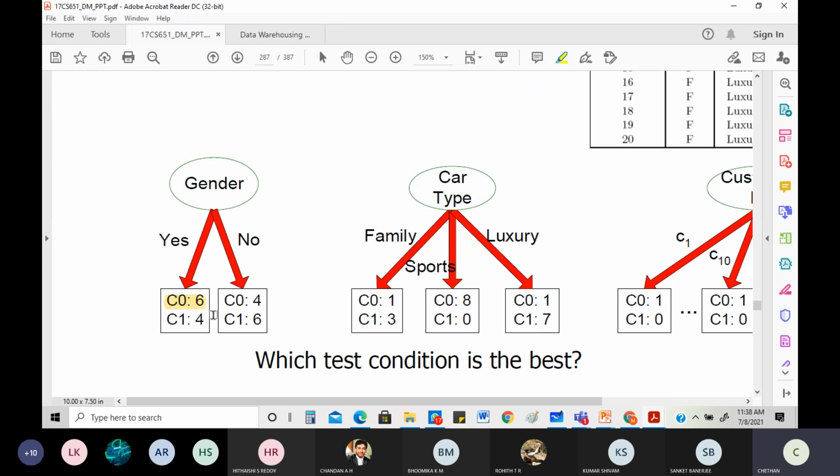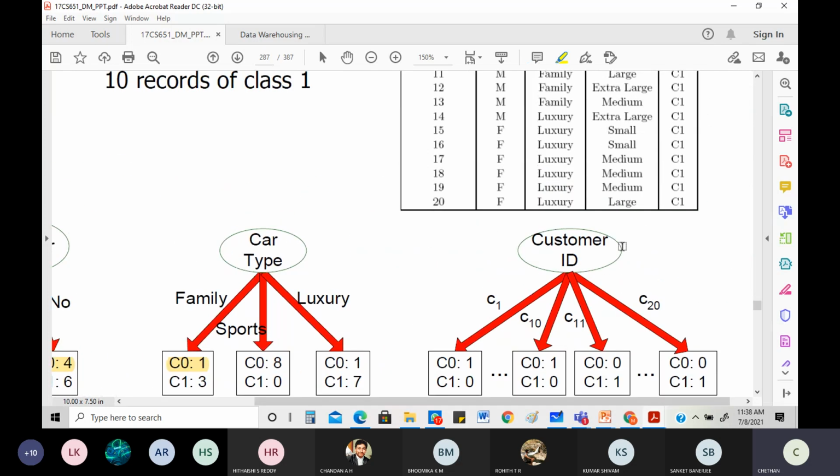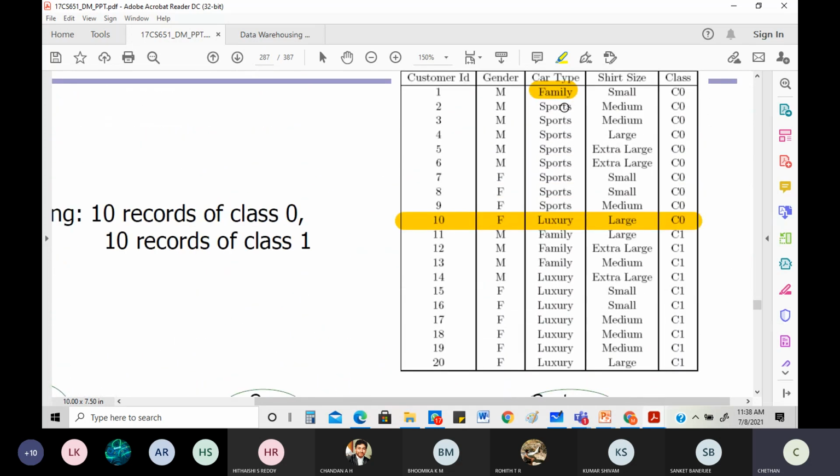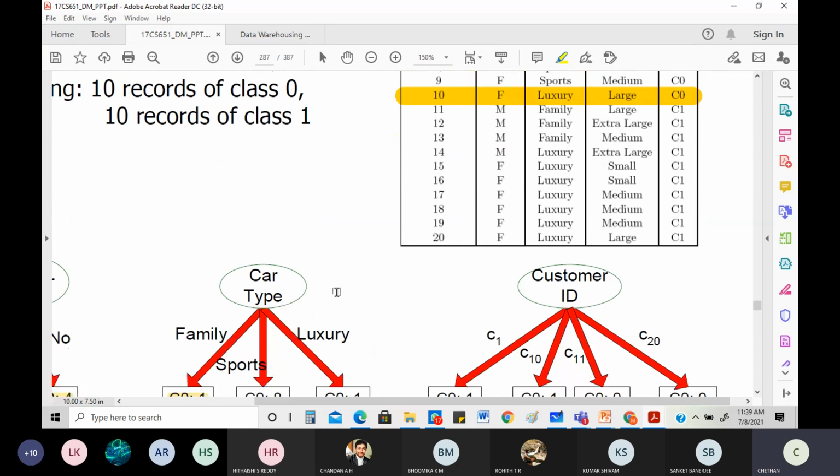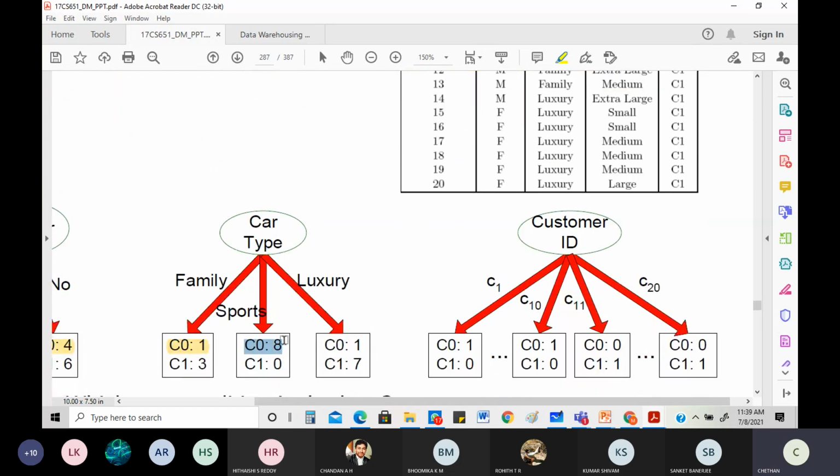Then the car type: there were only 2 types, but on the 10th one we forgot, there's one called luxury, so 3 types of split. Family 1, sports 8, luxury 1.